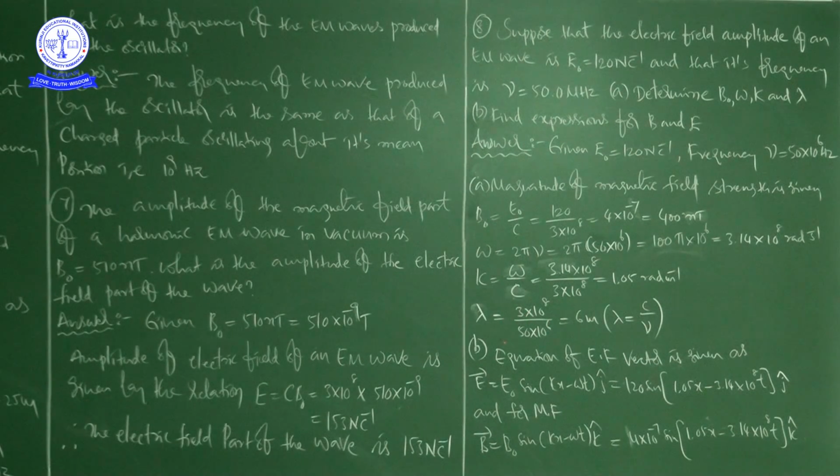So 3 by 5 into 10 power 1. 3 by 5 means 0.6, and 0.6 into 10 gives you 6 meters.